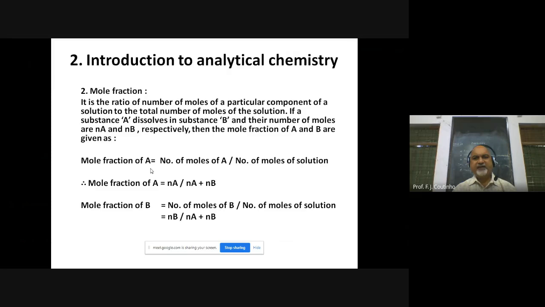This is a formula, very simple. Mole fraction of A is equal to number of moles of A divided by number of moles of the solution.